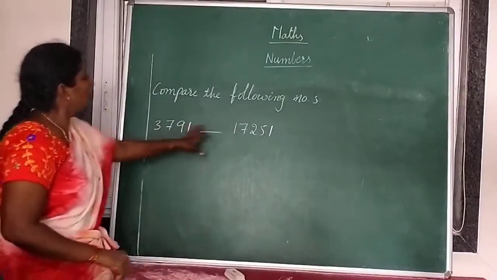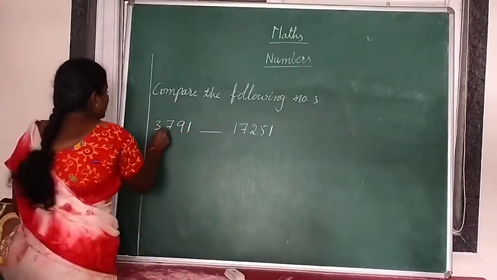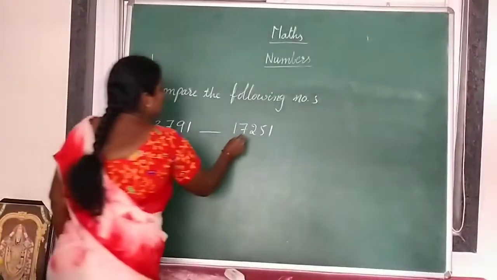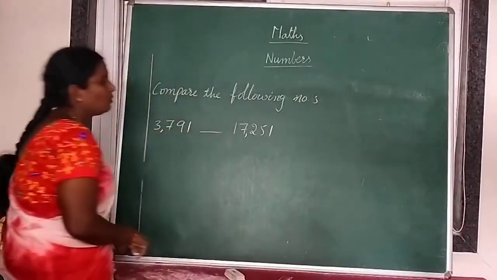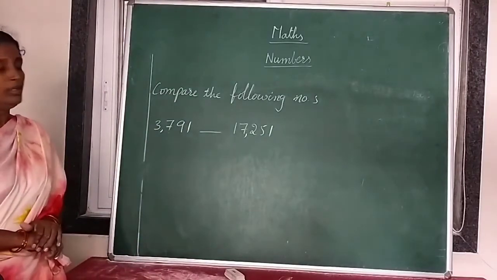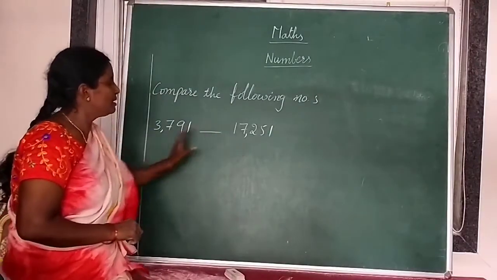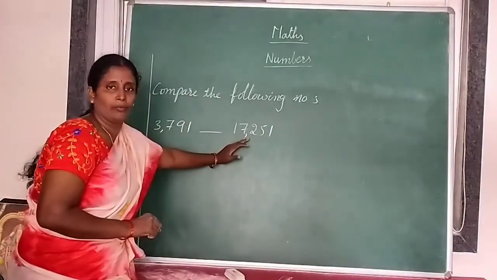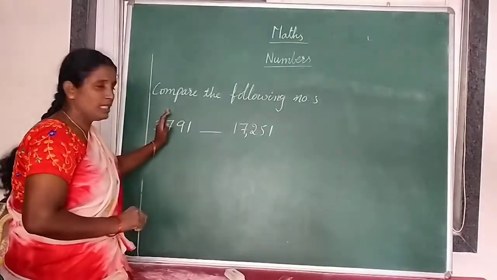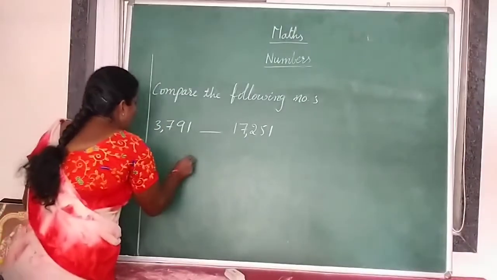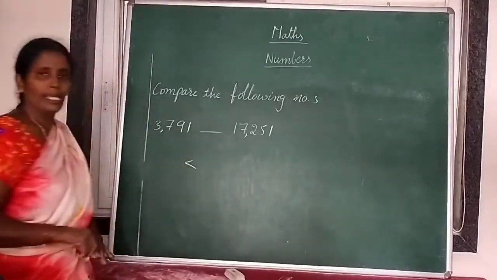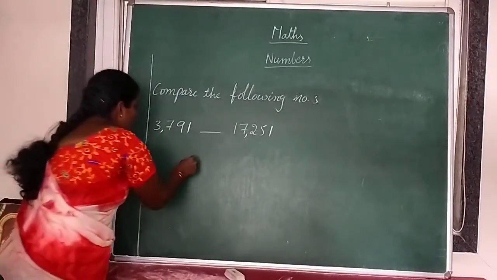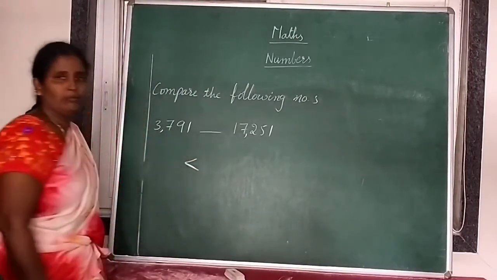Here I gave two numbers. The first number is 3791 and the other number is 17251. In these two numbers, compare the first number with the second number. If the first number is smaller, we have to use the less than symbol.